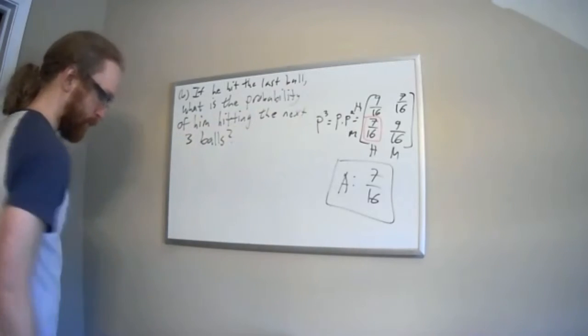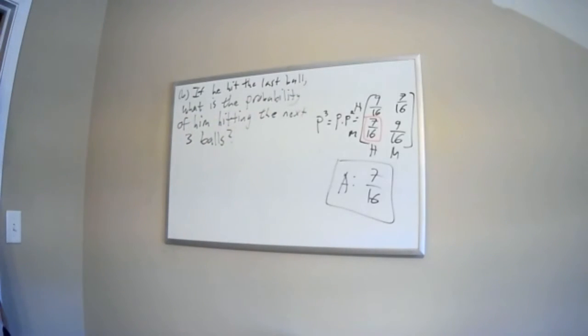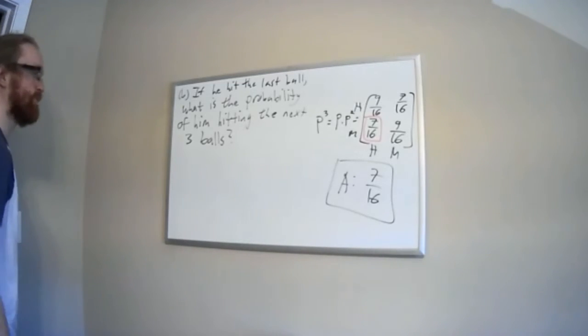So assume that he just hit the ball. What's the probability that he'll hit all of the next three? So hit three more in a row. What's that probability?